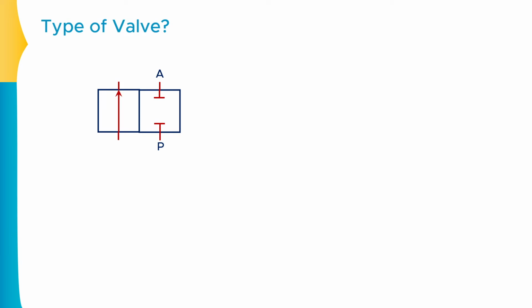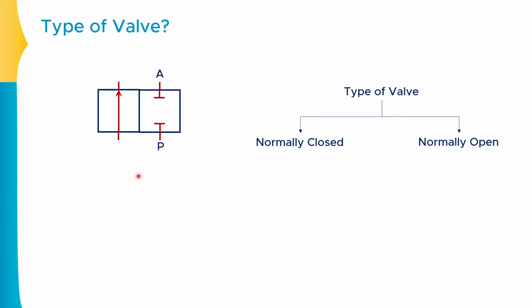Now let us understand what types of valves are available to us. When we talk about types of valves, there are two types: the very first are the normally closed valves, and the second are the normally open valves. You have observed the normally closed valve over here. This symbol represents the normally closed valve that we derived in the previous example.